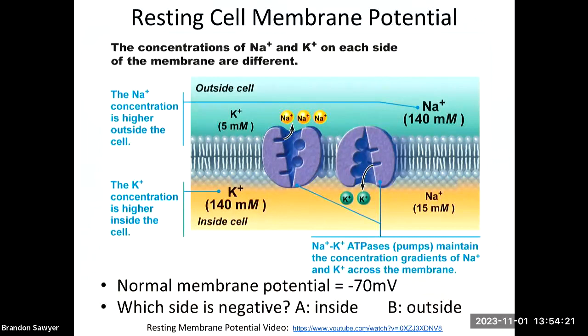This is showing another situation that helps to maintain this resting membrane potential. Check with everybody on your team and send in the answer to the question on the bottom. Resting membrane potential is -70. What does that actually mean though? Does that mean the inside's negative or the outside's negative?